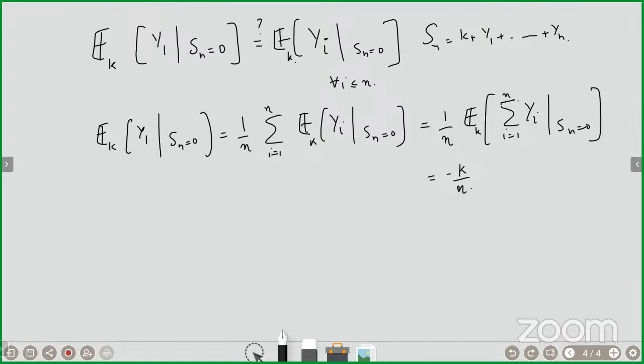All I'm conditioning on is Sn equal to 0. Whether y1 comes first or y2 comes second, or y2 came first or y1 came second, it does not matter. But there should be some correlation between the variables for Sn to be 0, right? That's okay. All I'm asking is the expected value of this. I'm not saying that conditioned on Sn equal to 0, y1 is independent of y2. That's too much to ask for.